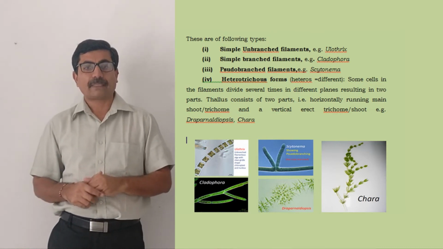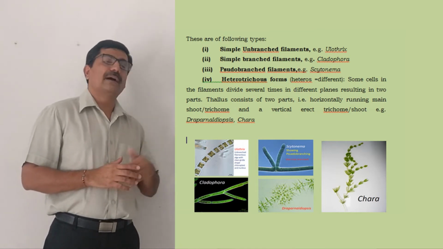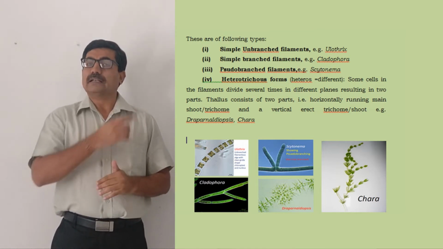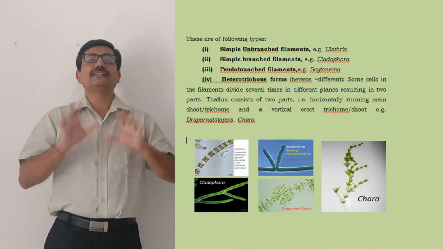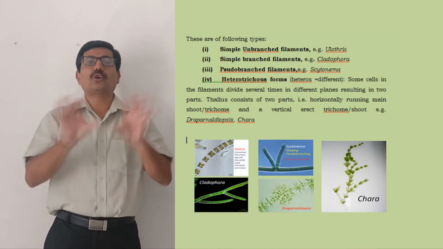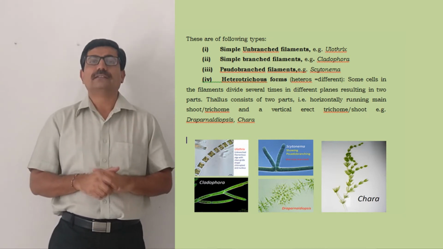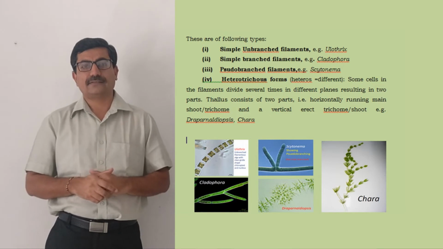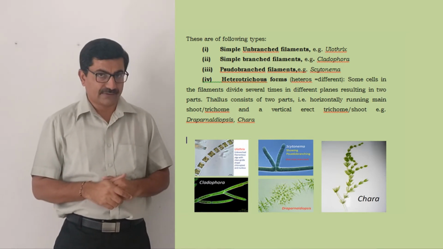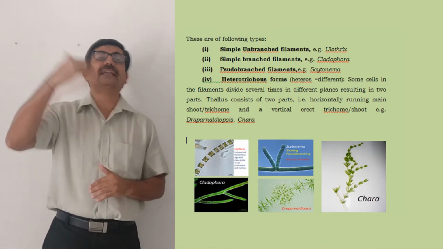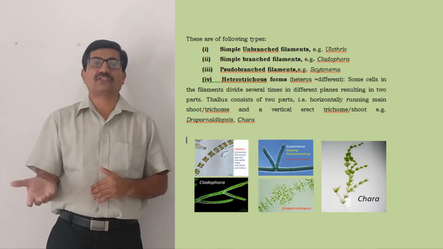And the next are siphonous, parenchymatous and pseudoparenchymatous. Siphonous basically means a multicellular form with many nuclei in the cells without any cell division. Parenchymatous means the cells are like the parenchyma cells of higher plants. And pseudoparenchymatous, pseudo means false, so a parenchyma-like structure.